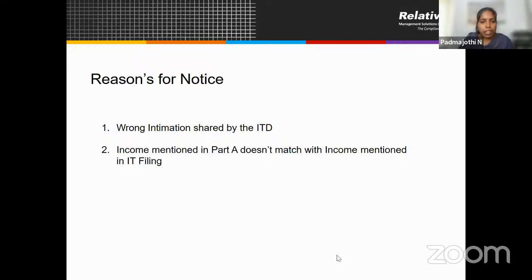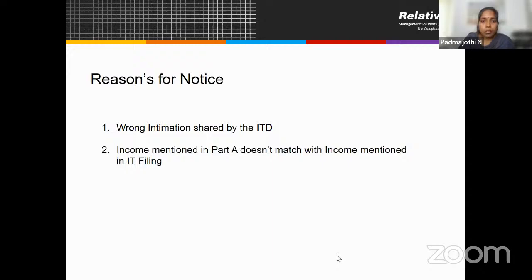For example, 1,25,000 is the TDS mentioned in Part A, but the TDS coming on the screen will be less, something like 75,000. So these are the glitches that we had last year, but hope these will not continue this year, because at the end of last financial year itself, these glitches had been reduced. So there might be cases where there will be differences in the value.